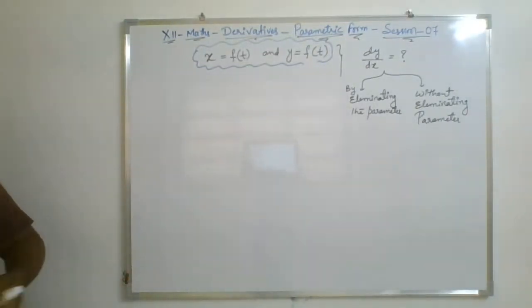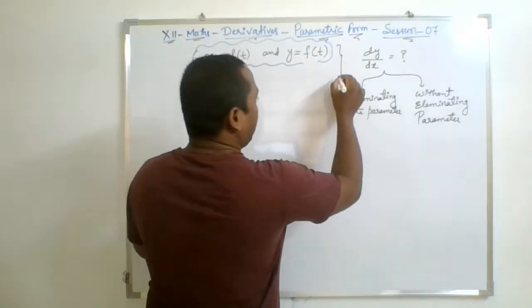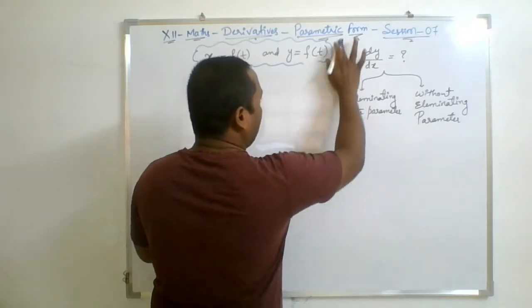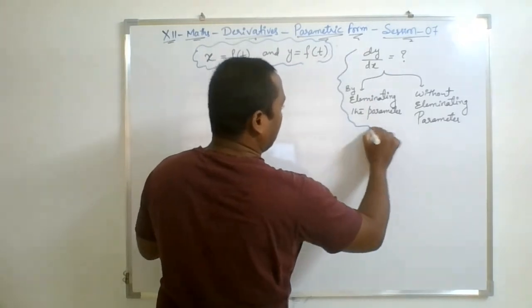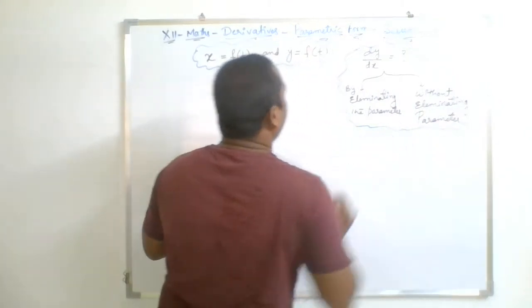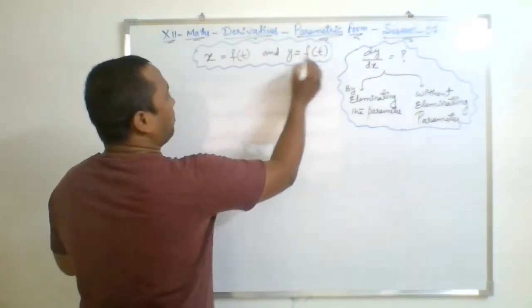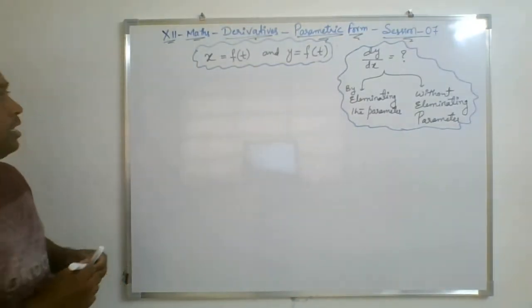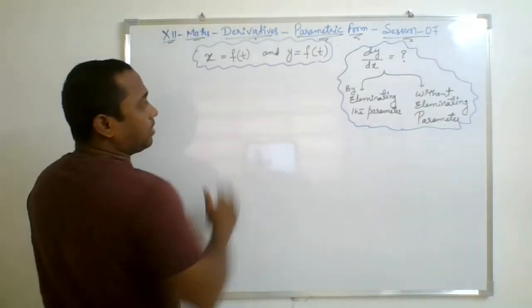I'm keeping this here as it is so that you can easily understand which method we are following. Here t is called a parameter.